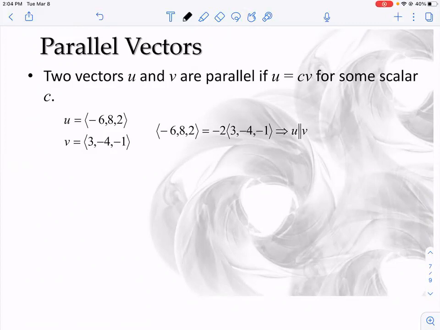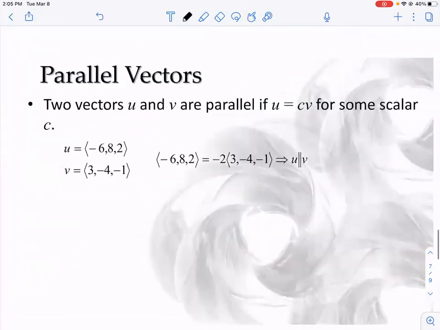Since we can take -2 times vector v and get u, these two vectors are parallel. So we have only one more example.